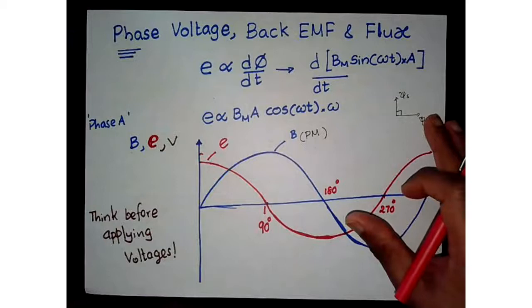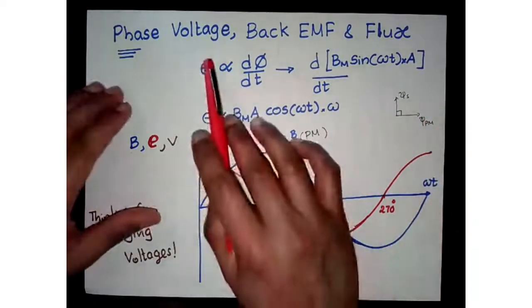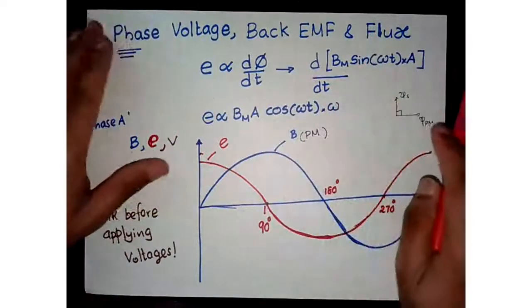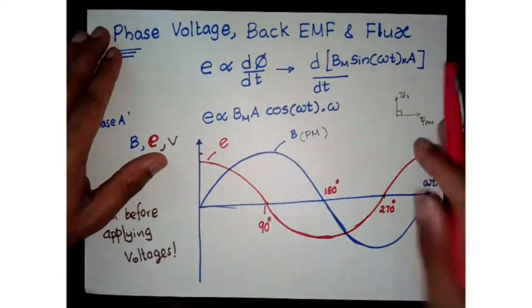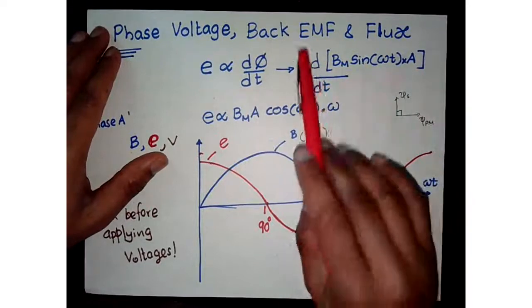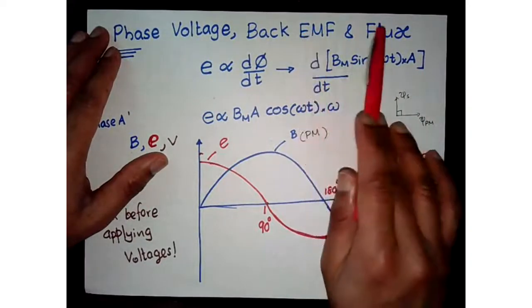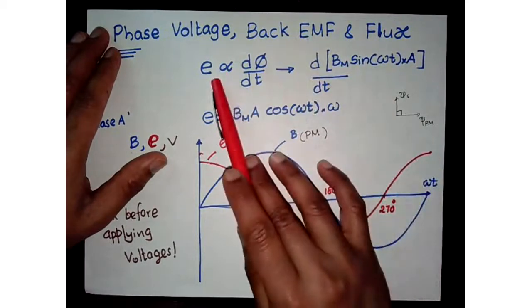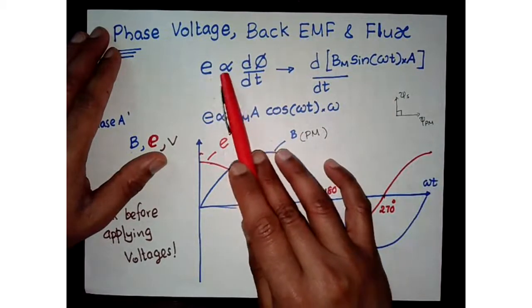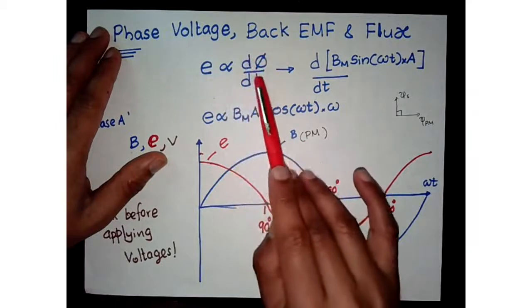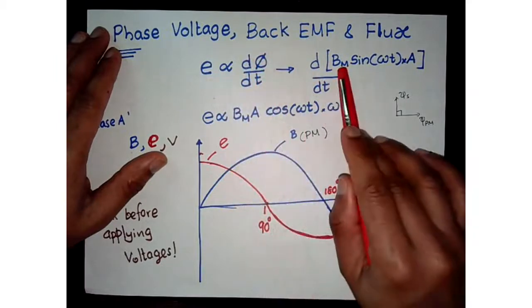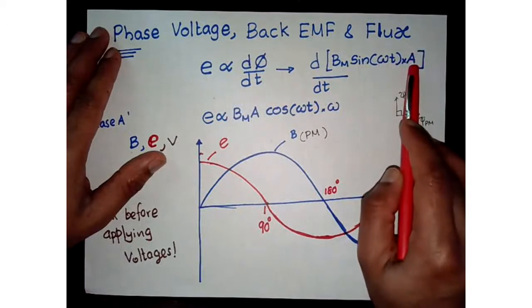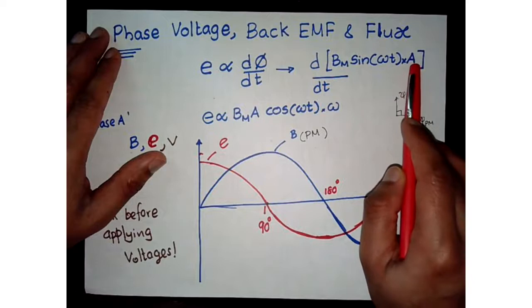Now, it's also important for us to understand back EMF and flux density. We'll talk about the phase voltage in a later video, how we need to apply the voltage. However, we know that there is a relationship between flux and the back EMF, right? So we know back EMF E is proportional to the rate of change of flux, which is d/dt of Bm sine omega t times A, assuming a uniform, constant cross-section.